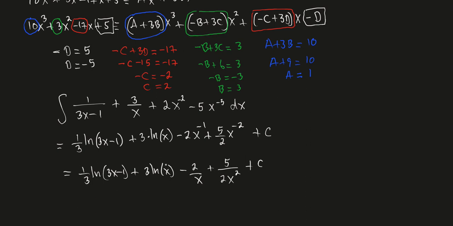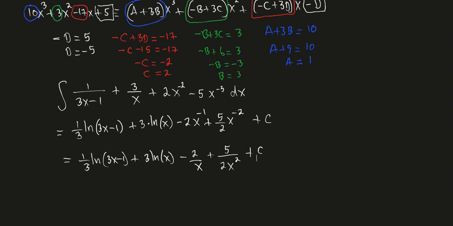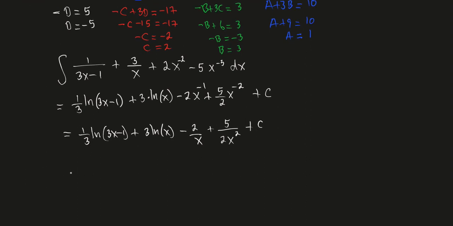If you wanted to rewrite it in such a way that you combine the logs together into a single log, this is what it would look like. This first logarithm, bring up the 1/3 power, so you'd have the ln of 3x minus 1 to the 1/3. Bring up this 3, and you'd get the ln of x cubed, right? And then the other terms just come down.